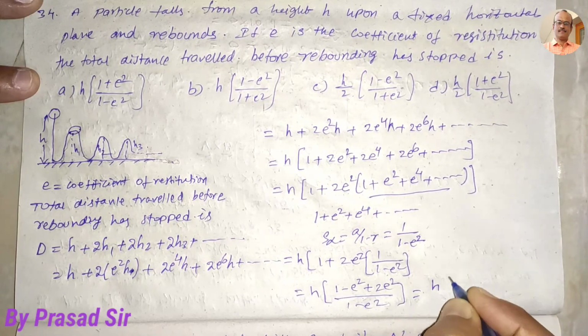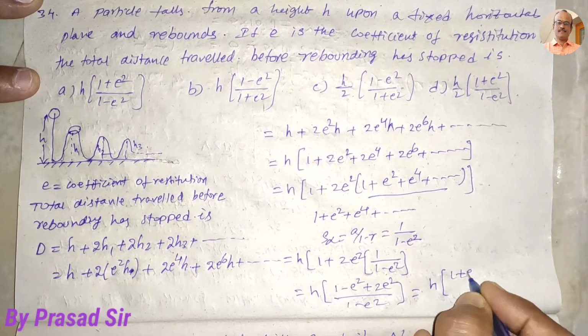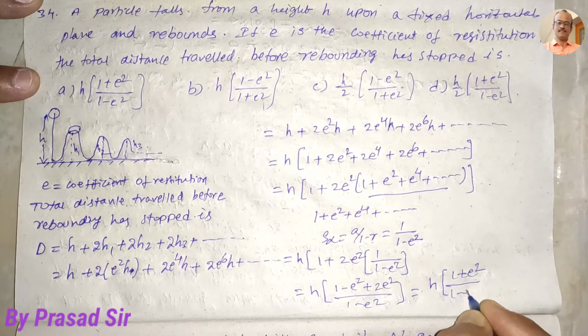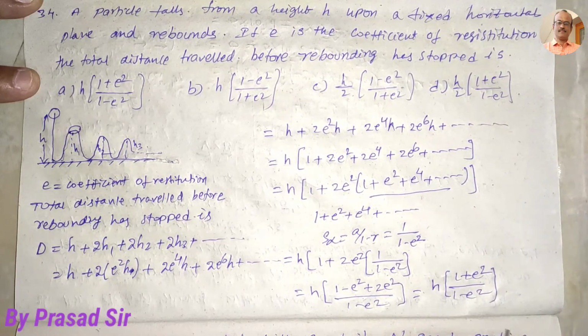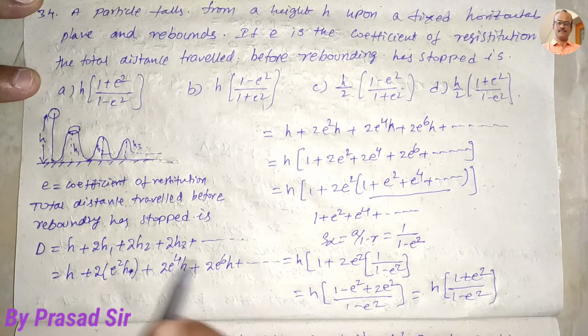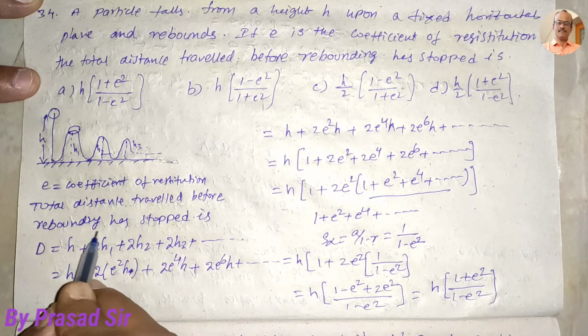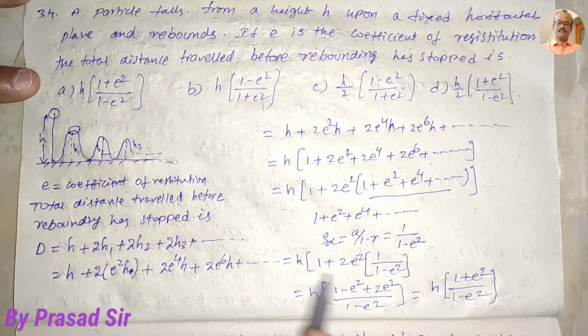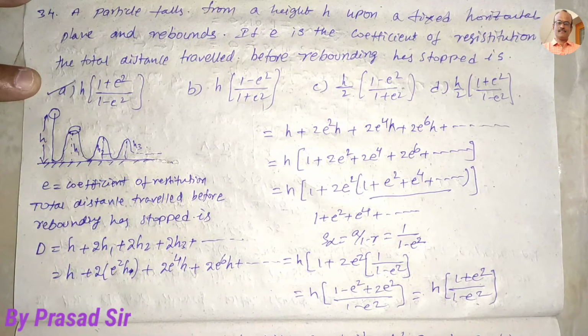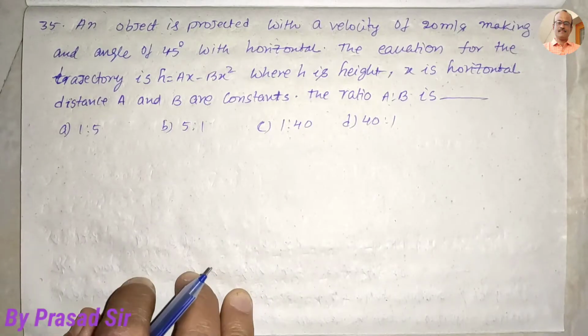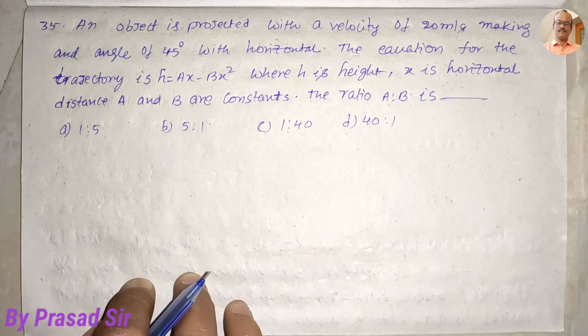On simplification, h times (1 plus e²) divided by (1 minus e²). So here we got the total distance travelled before rebounding has stopped is h times (1 plus e²) by (1 minus e²). h is the height and e is the coefficient of restitution. So which option is correct here? Option A is correct.